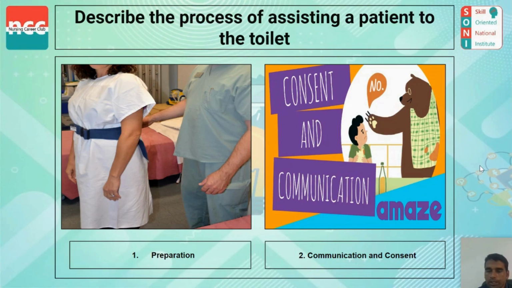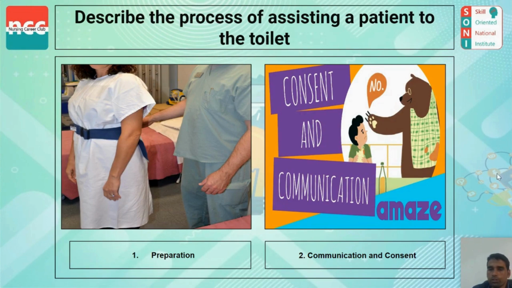Now we will talk about communication and consent. Consent, in other words, is acceptance. If a person is pleased with us, then we can say that he consents with us. And now we will discuss communication. Communication is when we send messages and speak some words to another person and he listens to our words.